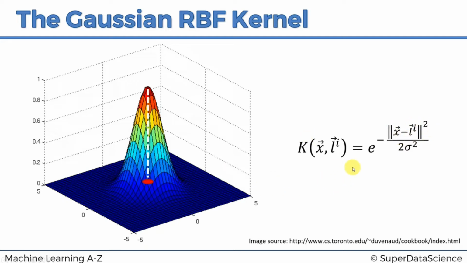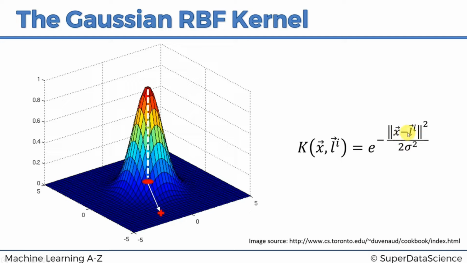So let's take a point and look at it. There's a point somewhere on our plane. It's quite far away from the landmark. We take that distance, square it, divide it by 2 sigma squared, take the negative, and then we want to see what the result will be. How can we confirm that this visualization is indeed aligned with this formula? It's pretty simple. The distance here is quite large compared to other points that are closer to the landmark.